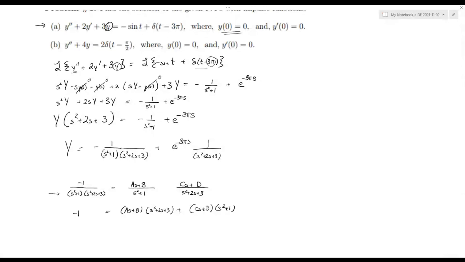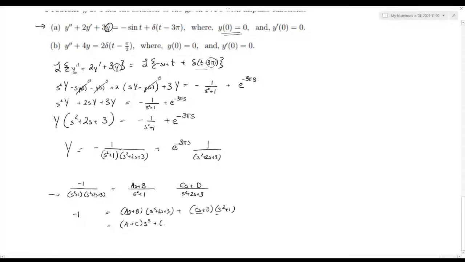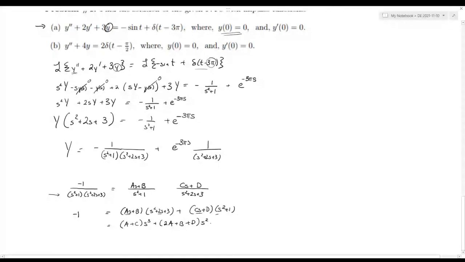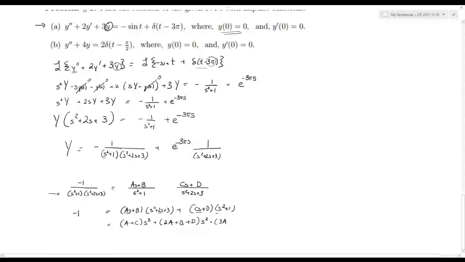So we can try to plug in values of s and get a system, or we can just multiply this out. So I guess we'll do that. Let's gather all the s cubed terms, the s squared terms, and then all the s terms, and then all the constants.